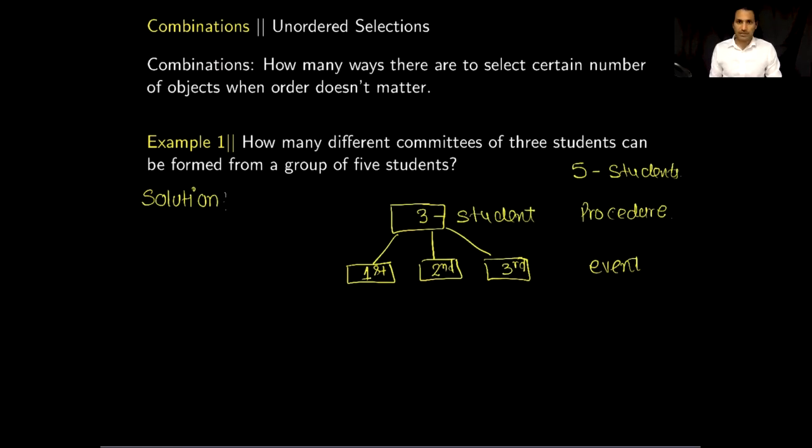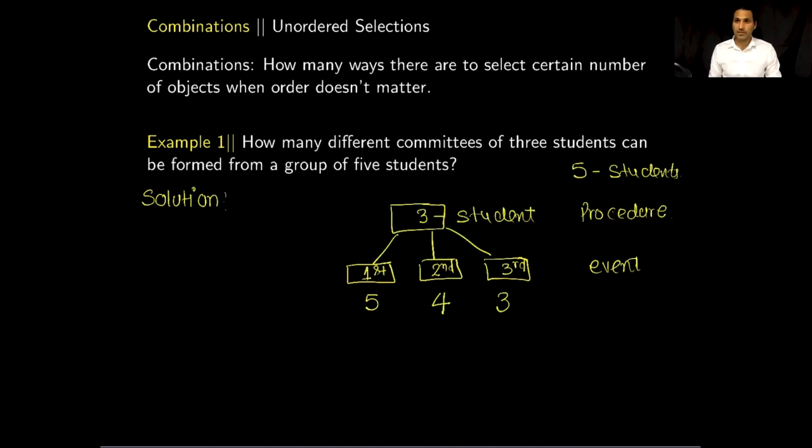As you can see, there are 5 students. To select 1 student out of 5 students, there will be 5 ways. Since the first student has been selected, we cannot select them again, so the selection of the second student can be done in 4 ways, and the selection of the third student can be done in 3 ways.